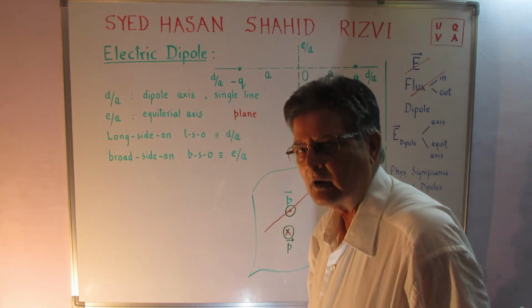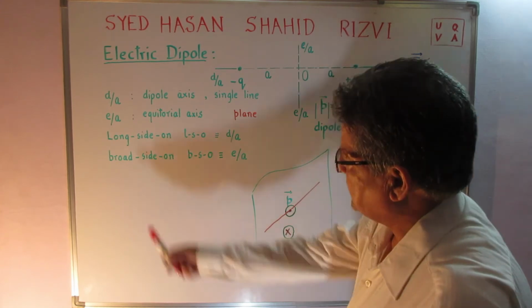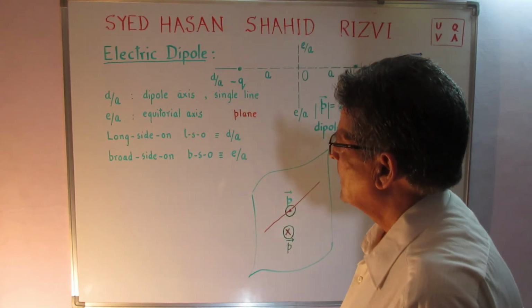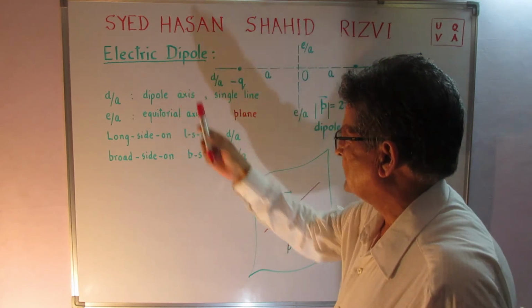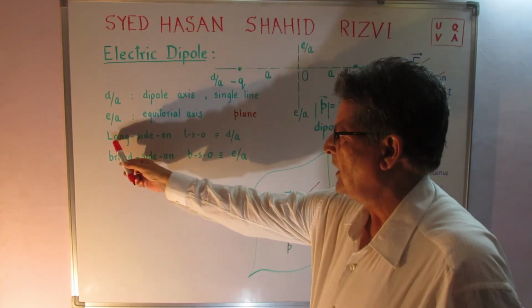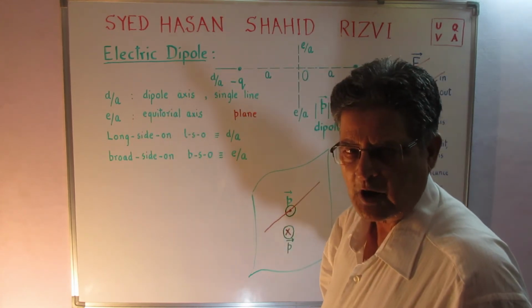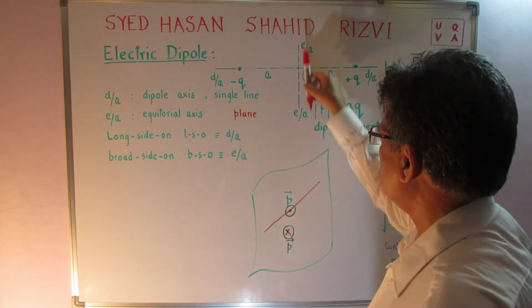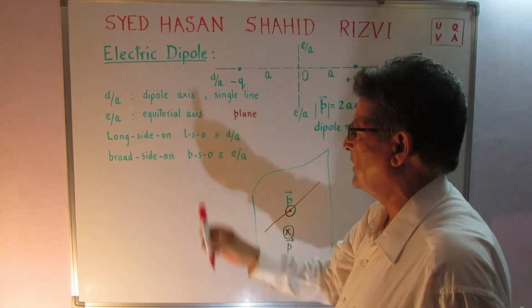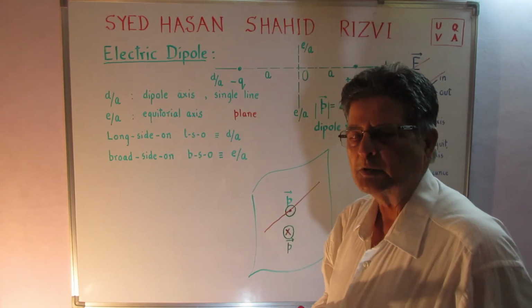In fact, lines of field. So in Faraday's times, the single line dipole axis was also known as long side on. A point on the long side on. And for the equatorial axis, there is another term that was used, called broad side on position.